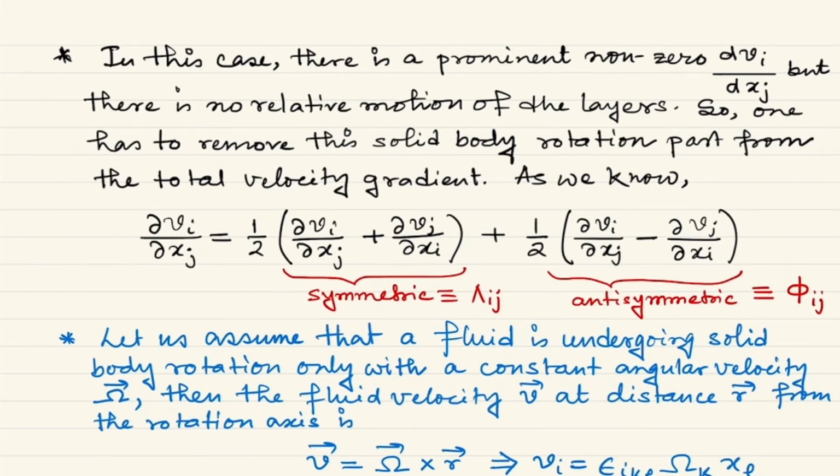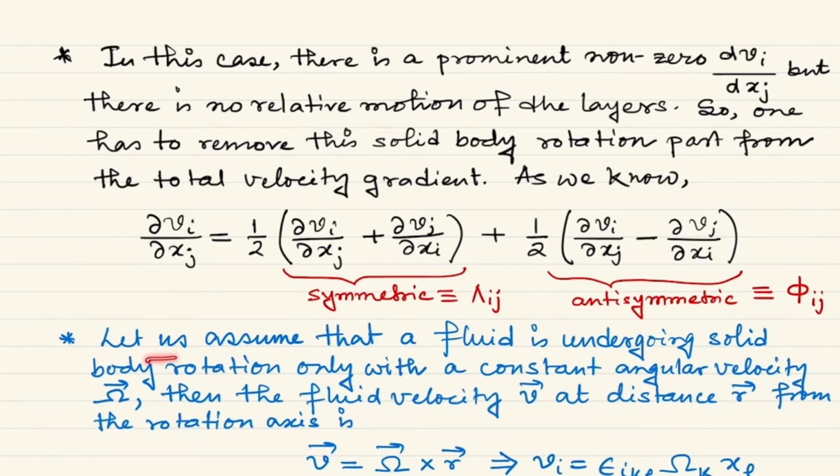How to do that? We can do a very simple thing. We can write the velocity gradient component as a sum of a symmetric part and an antisymmetric part. The symmetric part we call capital lambda ij, and the antisymmetric part we call capital phi ij, for example. So this is just a plus b plus a minus b type of thing.